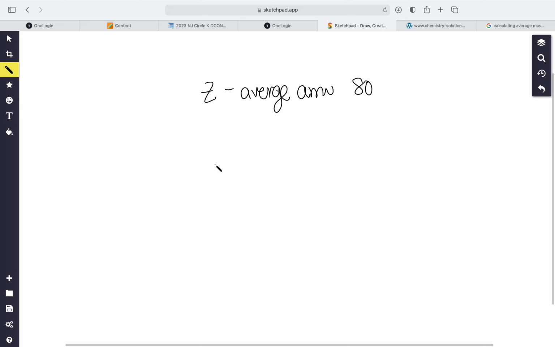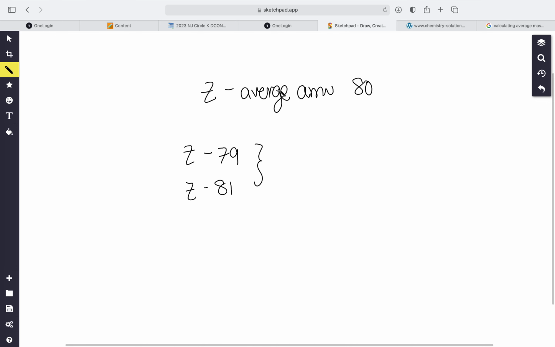And we're also told that the isotopes weigh Z79 and Z81. This is similar to one that Professor Sherlock gave.